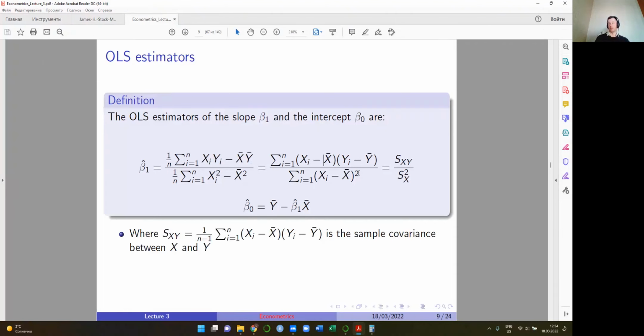Well, here is the explanation. What is the sample covariance in this case? What is the sample variance in this case? And as we had in statistics, this is the way you can calculate the estimates based on the sample.